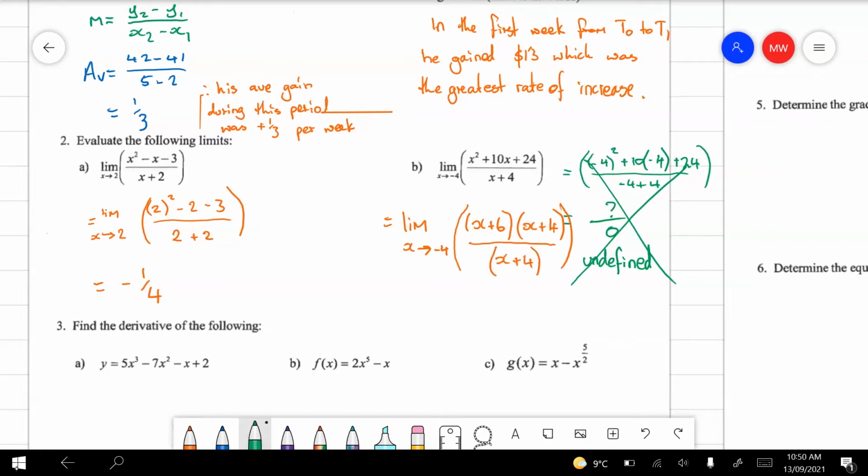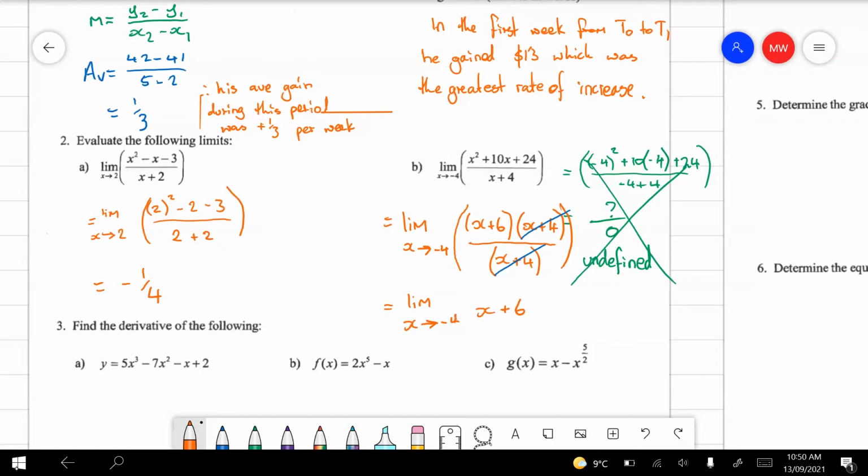And then these guys cancel one another conveniently. So what we end up with is a modified formula: the limit as x approaches minus 4 of x plus 6.